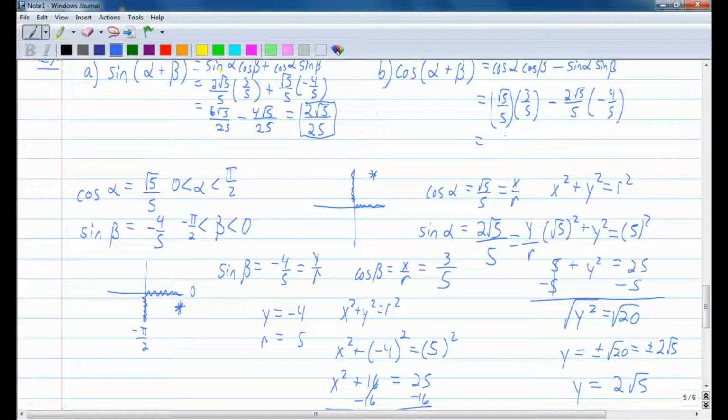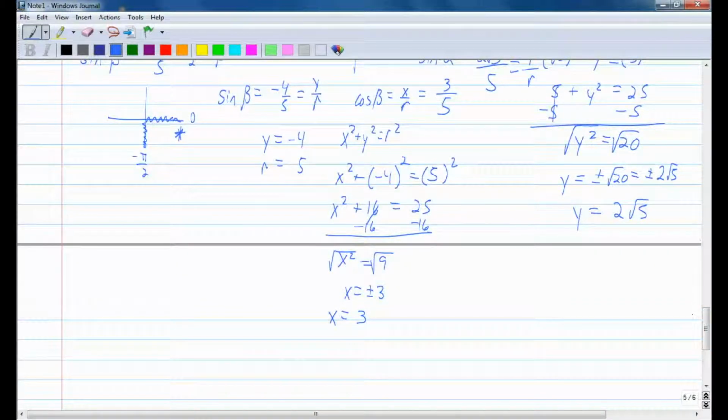Alright, so that's going to be 3 square roots of 5 over 25 minus, oh, it's minus and then you have a negative, so it's going to be plus 4 times 2 square roots of 5 is 8 square roots of 5 over 25. You have a common denominator already, so you say 3 plus 8 is 11 square roots of 5 over 25. Alright, so that's the cosine of alpha plus beta.